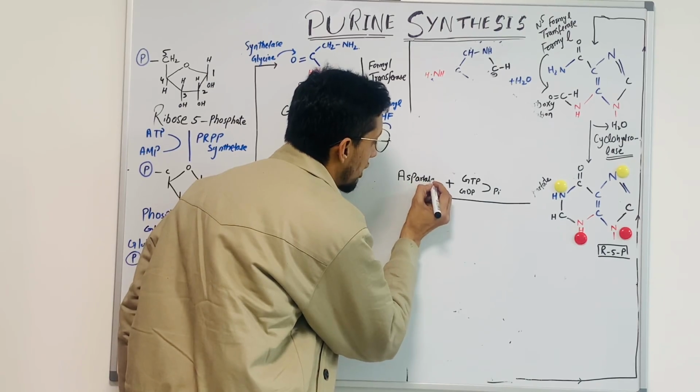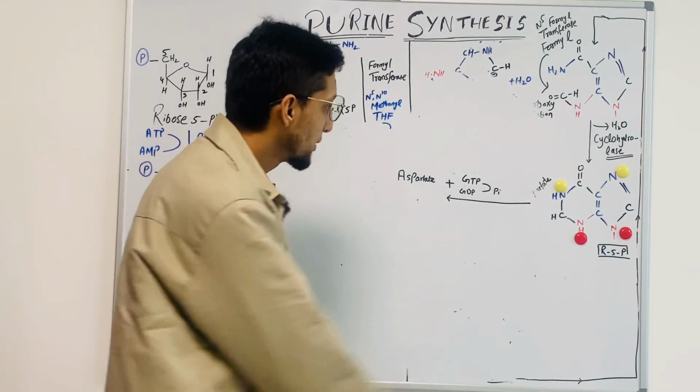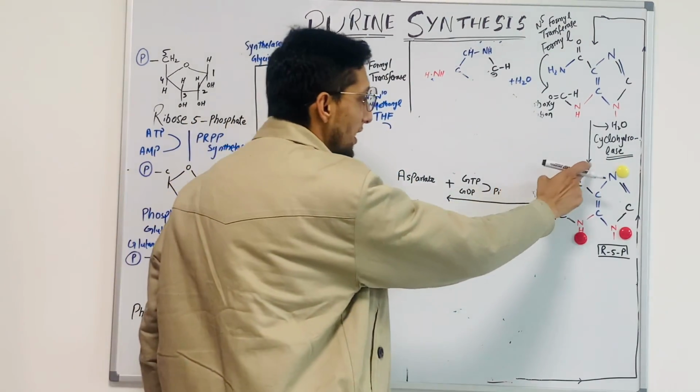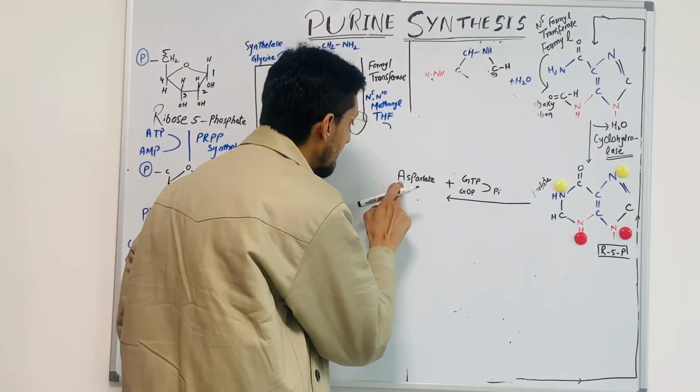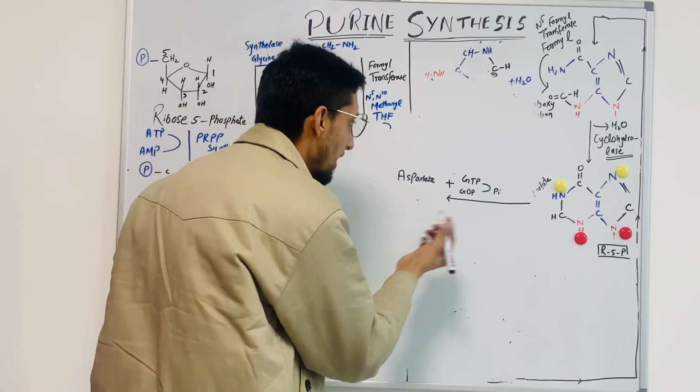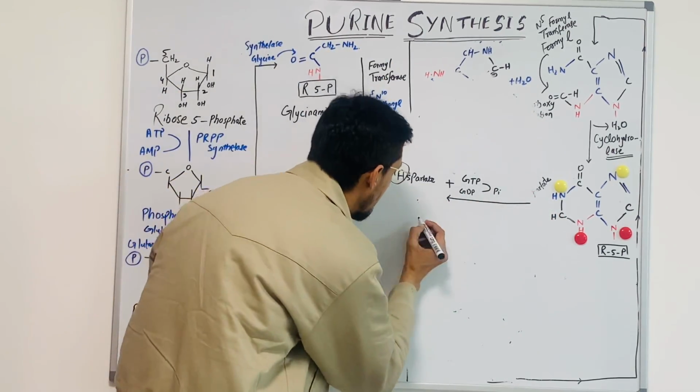What will happen to this compound? You can see that there is a C double bond O. At this position, the O will be removed and the whole succinate portion of aspartate will get attached here. I'm not going to write everything here.